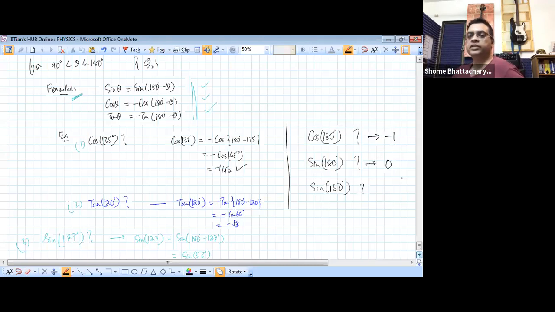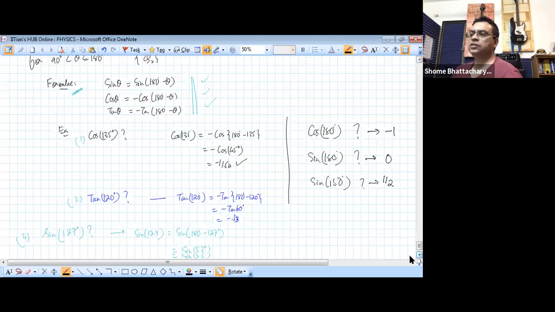Sine of 150 degrees. Yes, half. That's correct. Yes, half is correct. The correct answer, 1 by 2 or 0.5.